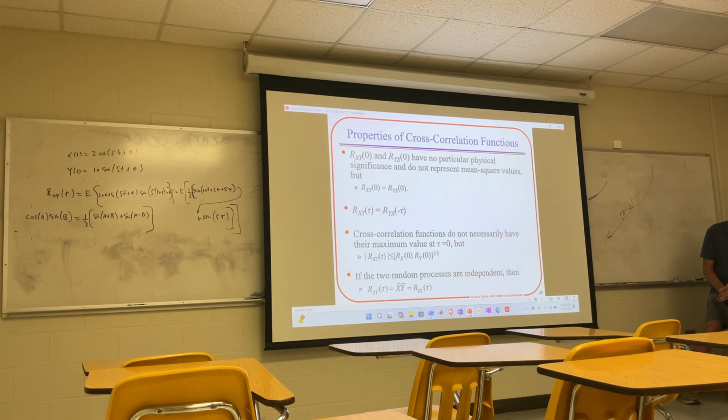And finally, if the two random processes are statistically independent, which is important, rxy of tau is just the mean value of x times the mean value of y. And if either one's 0, then you know it's 0, which is nice.